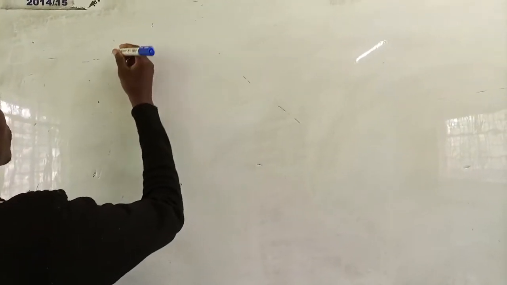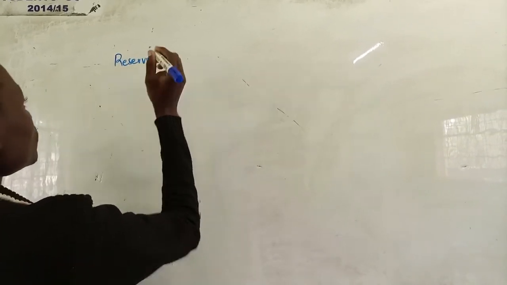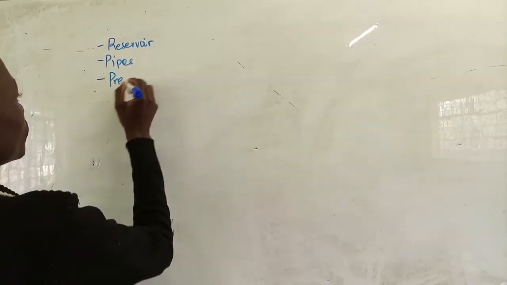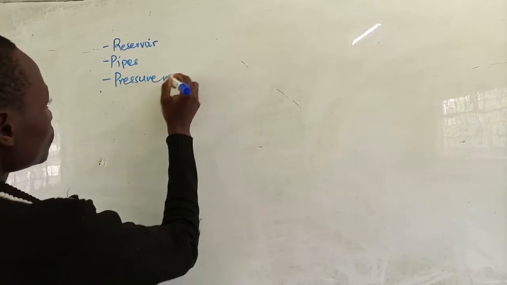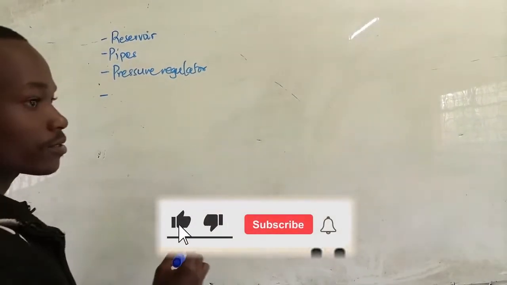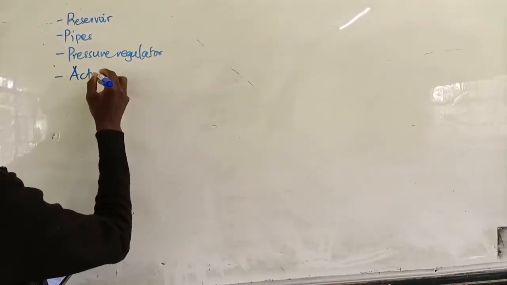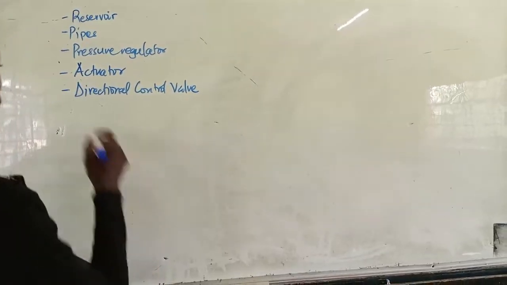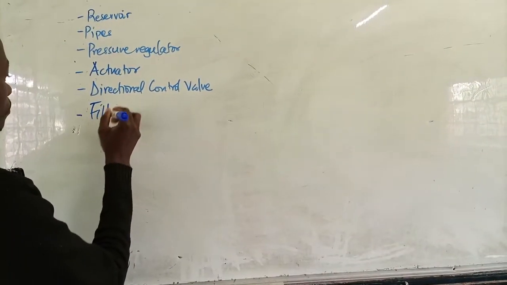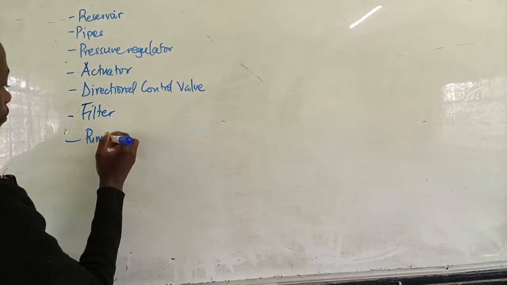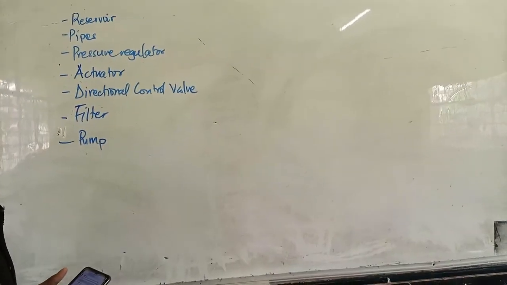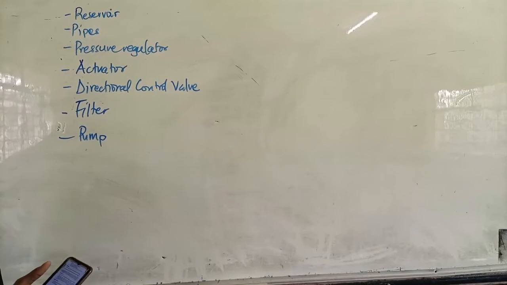It has a reservoir, it has the pipes, it has a pressure regulator, it has the actuator, it has the directional control valve, and it also has a filter and a pump. So all we have to do is to organize these parts and make them into a piping system that is going to make the hydraulic system.